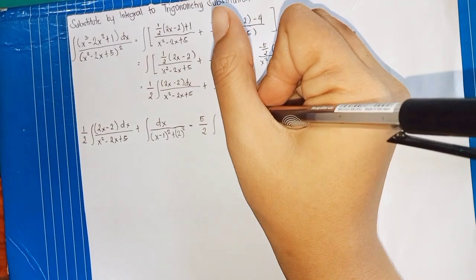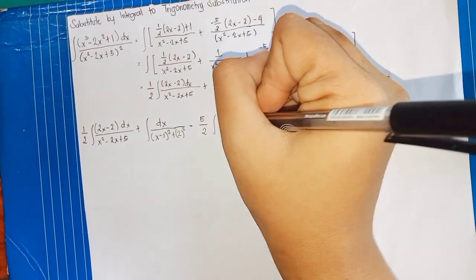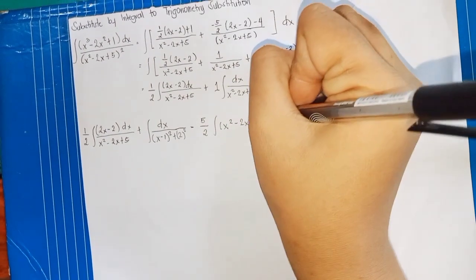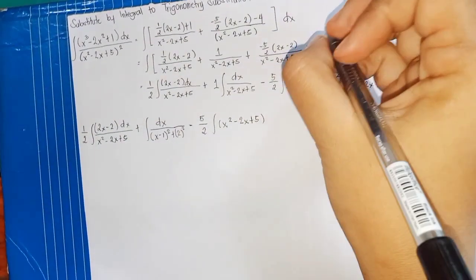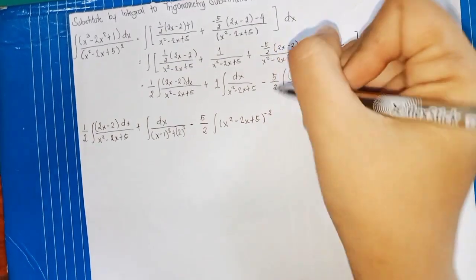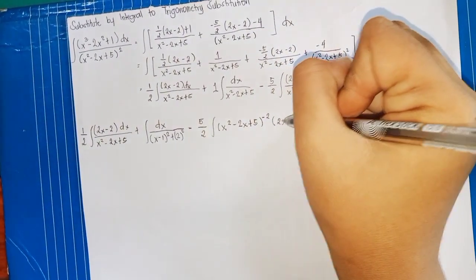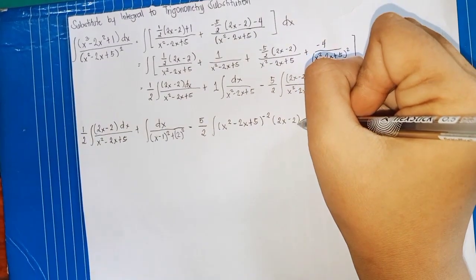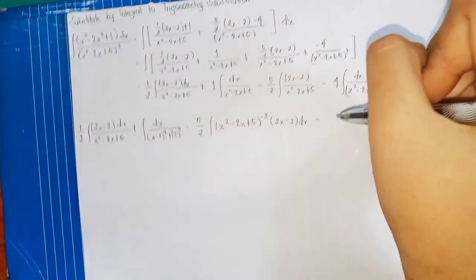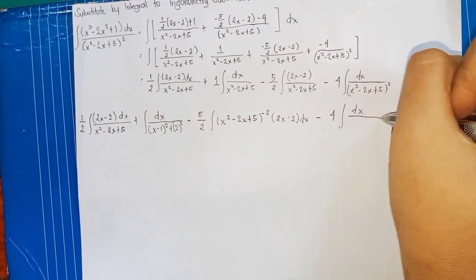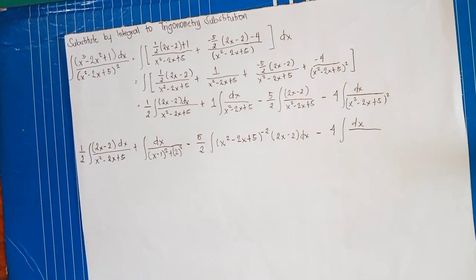The integration of our denominator x squared minus 2x plus 5, minus 2 times our derivative 2x minus 2, dx, minus 4 dx all over.